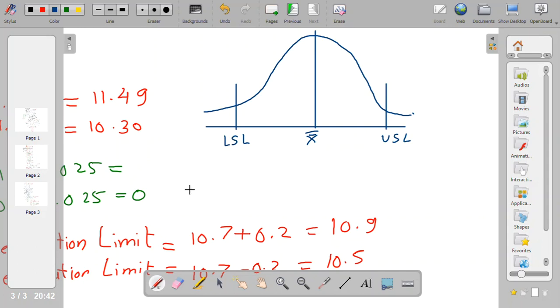So how were we finding process capability, whether the process is capable or not?